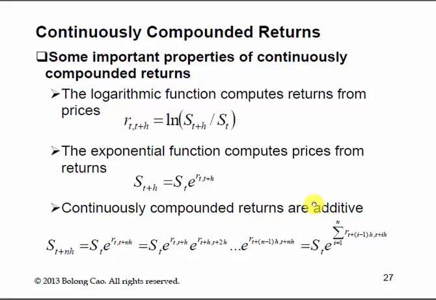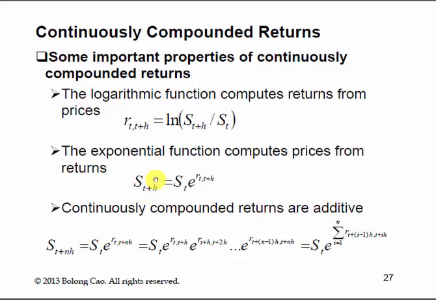Okay, now let's think about the continuously compounded return and how we can get the sigma, the volatility standard deviation, right? So the return for continuous compounding, we take the log of the price change for time period h.